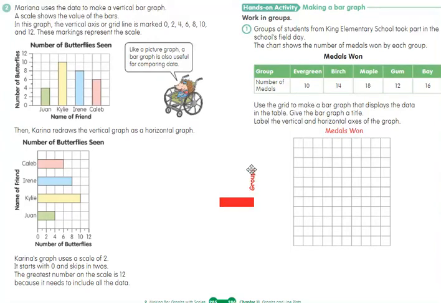There we go. So my groups are going to go on this side, and on the bottom I'm going to have the number of medals.